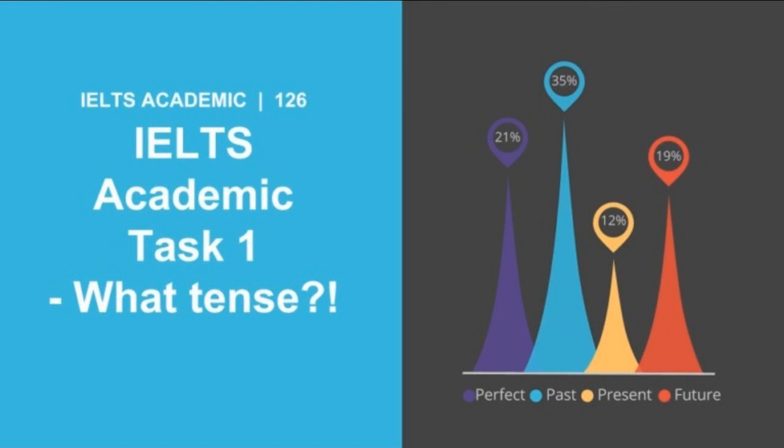We'll definitely use the future simple will, and we're also going to use this structure, it is predicted, because we want to introduce more variety and more structures into our writing to increase our grammatical range and accuracy, and lexical resource. Now, let's go and have a look at present simple tense.